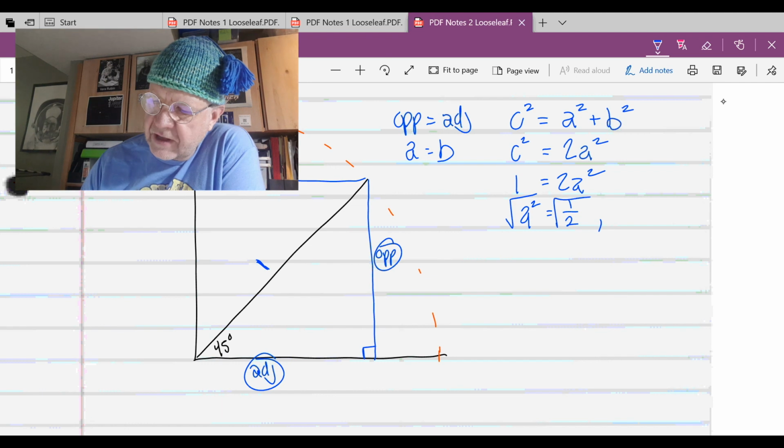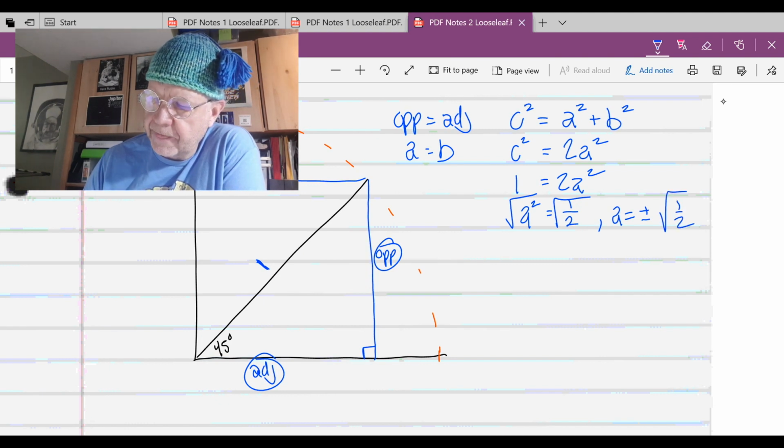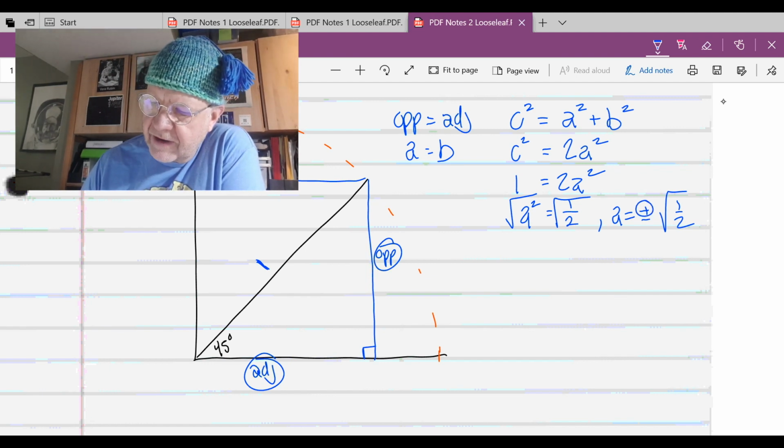And therefore, if I take the square root of both sides, a will be equal to plus or minus root 1 over 2. Root 1/2. Now, root of 1 is just 1. We're only interested in the positive values here for now because we're in that part of the graph. So if I rewrite this, a equals 1 over root 2.